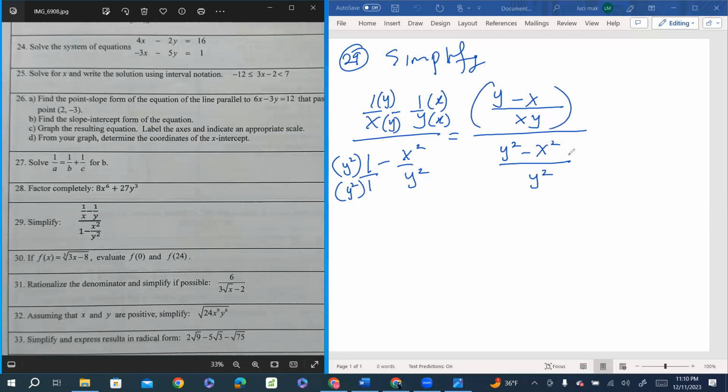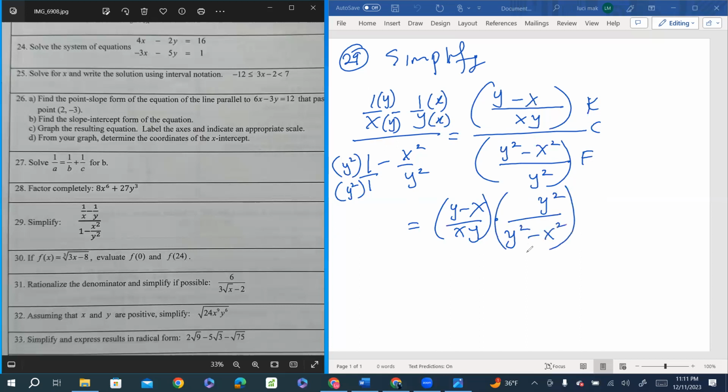So now we have a fraction over a fraction. How do we simplify it? Keep, change, flip. So this is going to be equal to y minus x over xy times y squared goes on the numerator, y squared minus x squared. Now we know that y squared minus x squared looks like a squared minus b squared. Factoring a squared minus b squared is a minus b times a plus b, difference of two squares.